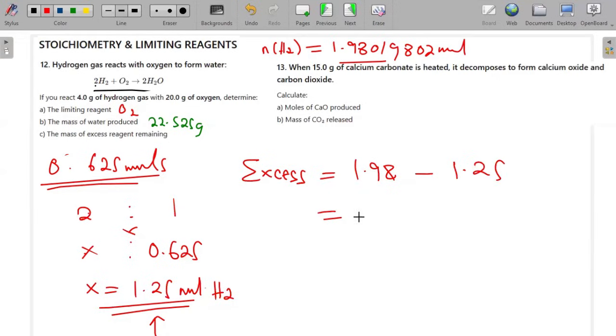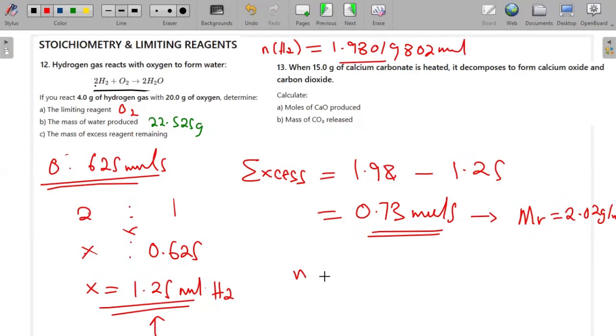So I find the excess moles is 0.73 moles. So now we have to change this excess moles to mass. So the molar mass of hydrogen gas is 2.02 grams per mole. So meaning mass of the excess hydrogen gas will just be the moles multiplied by the molar mass. So this will just be 0.73 multiplied by 2.02.